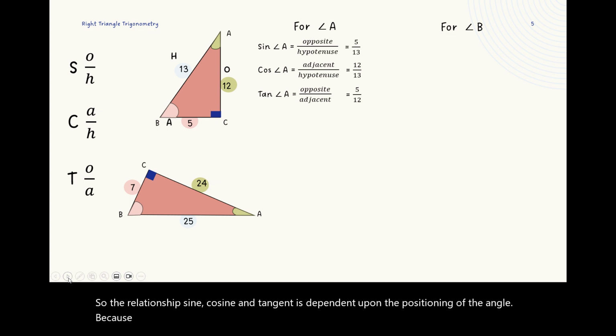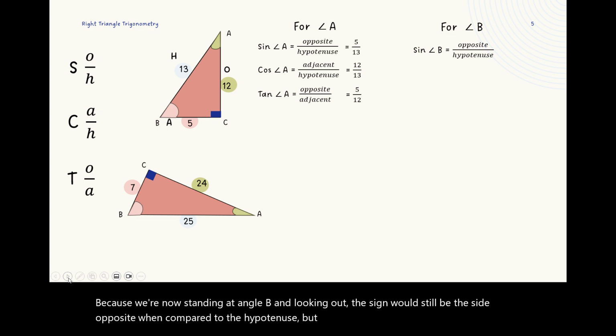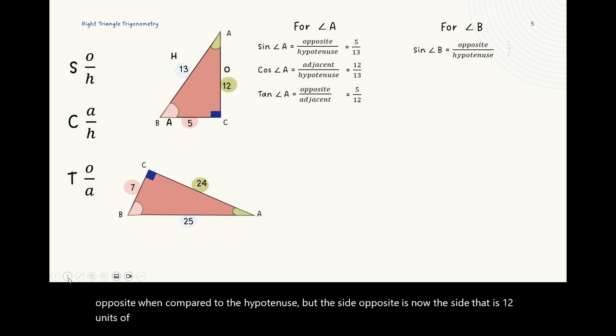Because we're now standing at angle B and looking out, the sine would still be the side opposite when compared to the hypotenuse, but the side opposite is now the side that is 12 units of length, and the hypotenuse is going to remain the same no matter what in a right triangle, and that's going to be 13.